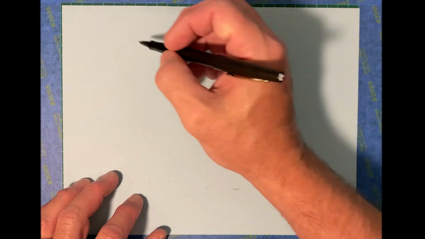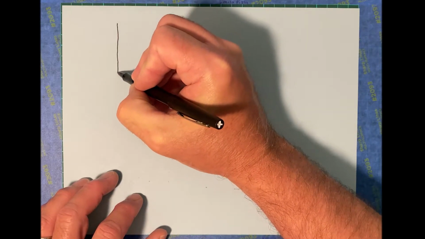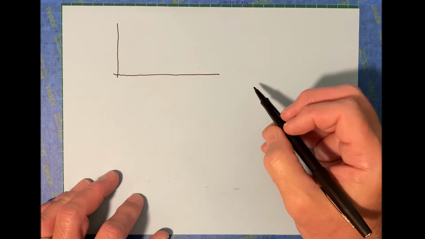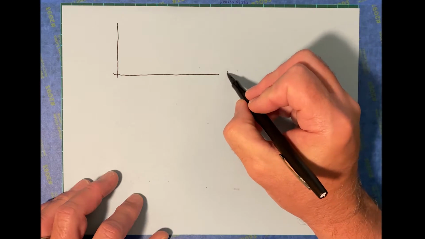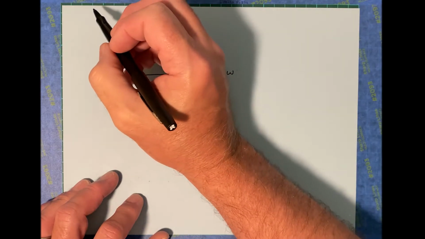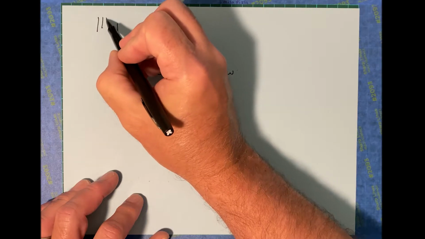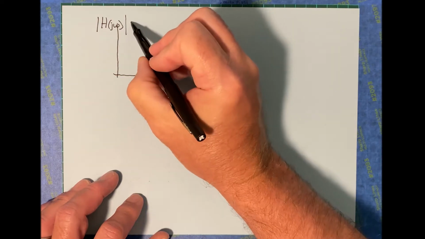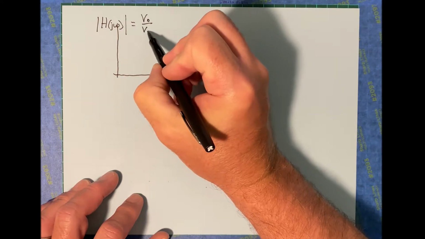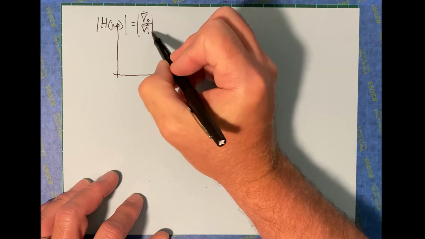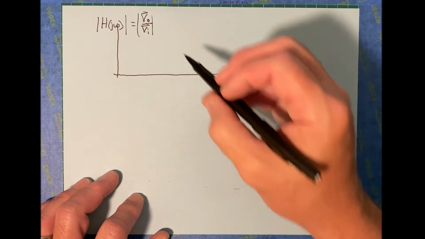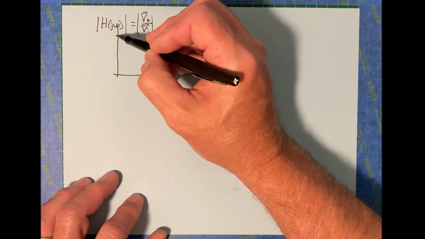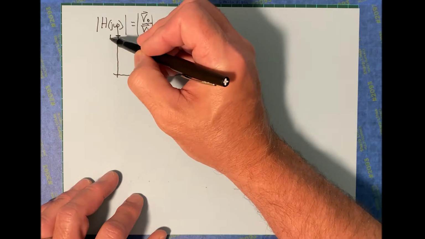We would get a plot that looks something like this, where this is our frequency versus our gain, which is the magnitude of our transfer function, which you recall is just V output versus V input, magnitude of that right there. And this is the voltages that we're measuring across the resistor. And let's say the maximum value that it's going to be is 1.